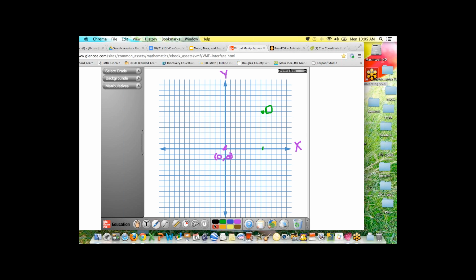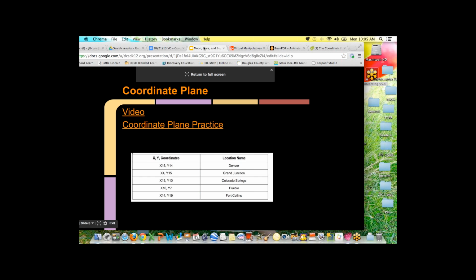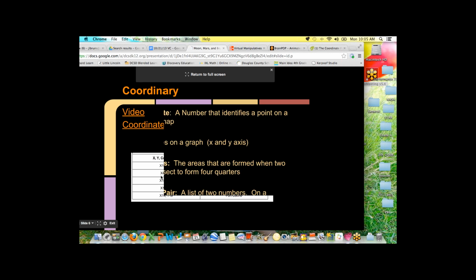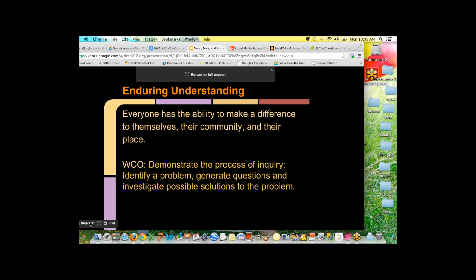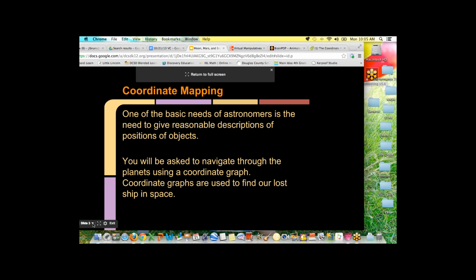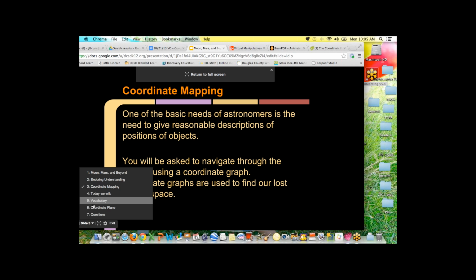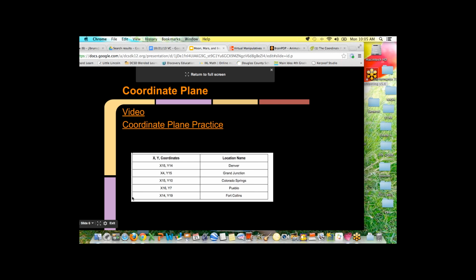Let's get a different color and we'll do our next city. All right, our next city is Grand Junction. That's really annoying how it does that. Okay. Our next city is Grand Junction. So we have X equals 4 and Y equals 15.